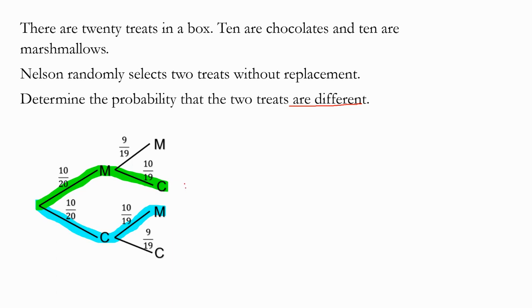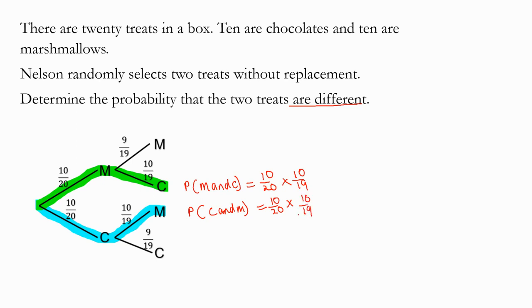And then the probability of marshmallow and chocolate is going to be 10 over 20 times 10 over 19. And then the probability of chocolate and marshmallow is going to be 10 over 20 times 10 over 19.